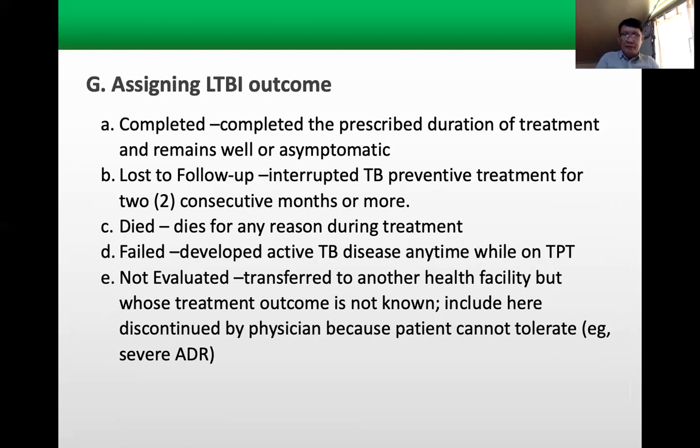Failed: develops active TB disease anytime while on TPT. Once our patient develops active TB disease, it is considered failed in the outcome for LTBI. Not evaluated: transferred to another health facility but whose treatment outcome is not known. Include here those discontinued by the physician because the patient cannot tolerate the treatment, for example due to adverse drug reaction.